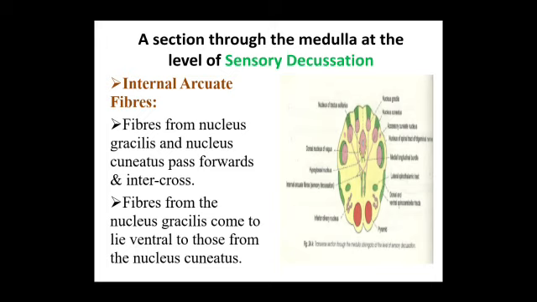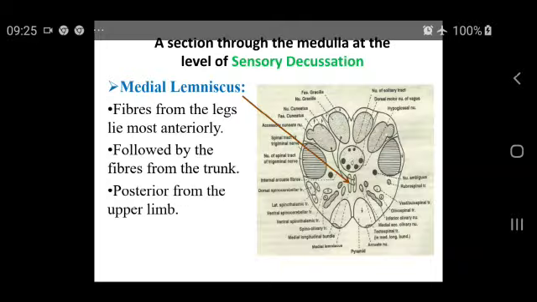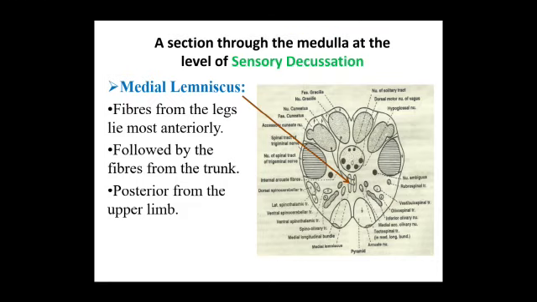Both the fibers from the nucleus gracilis and nucleus cuneatus pass forwards and intercross each other. The fibers from the nucleus gracilis come to lie ventral to those of the nucleus cuneatus. So in the medial lemniscus, those fibers from the legs lie most anteriorly, followed by the fibers of the trunk, and most posteriorly is from the upper limb.